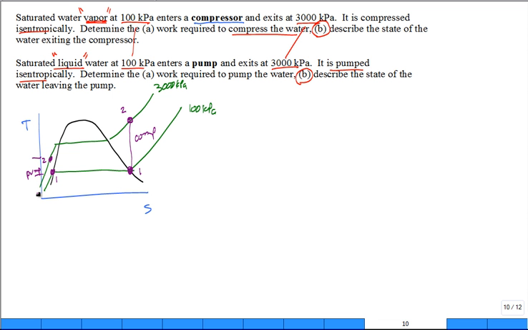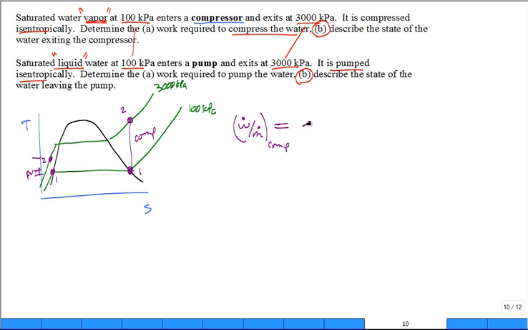So now that you're armed with that, we can look at the part A question. What is the work required to compress the water? The work per unit mass, W dot per m dot, to compress the water for the compressor, right? And this would be the minimum. It's isentropic, so it's internally reversible.